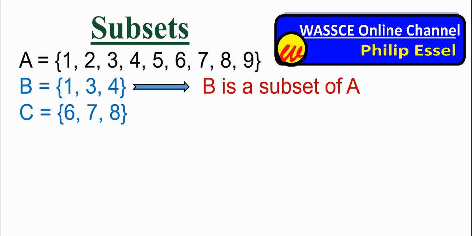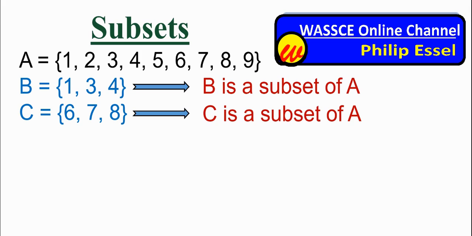All of these members 6, 7, and 8 can be found in the set A. So C is also a subset of A.